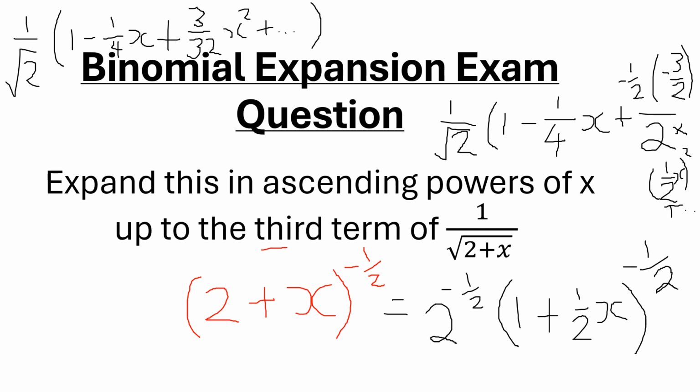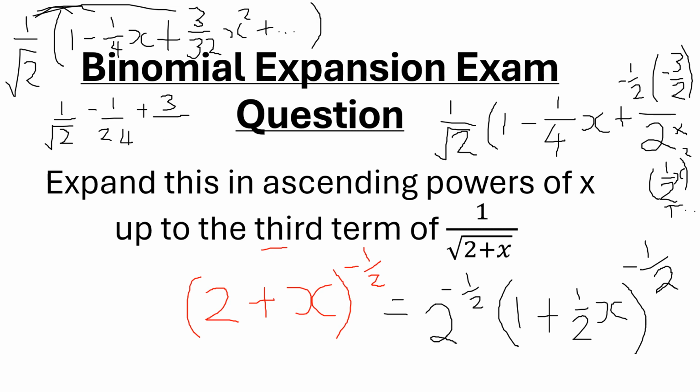So here I'm guessing the sign will switch for the odd powers, and the sign will be positive for the even powers, and I'll just expand it in. So I'm going to have 1 over root 2 minus 1 over 4 root 2, plus 3 over 32 root 2.